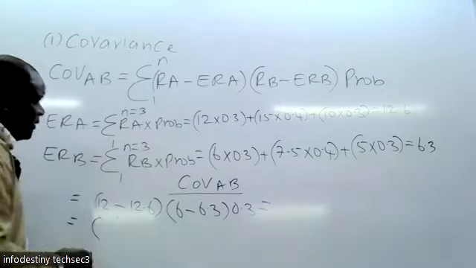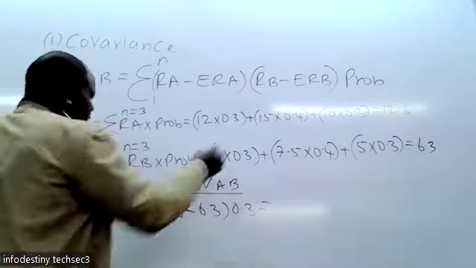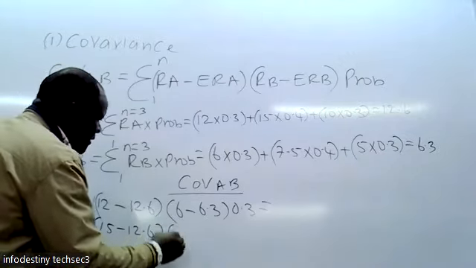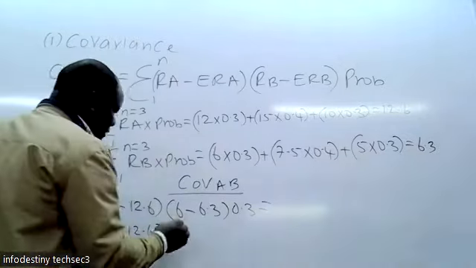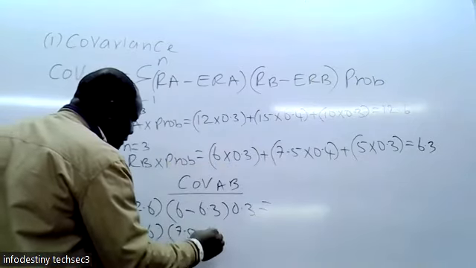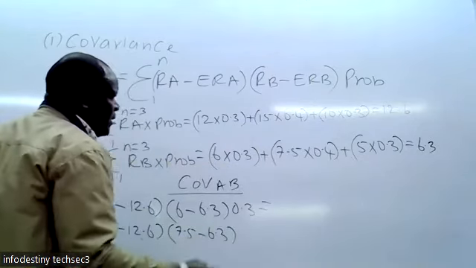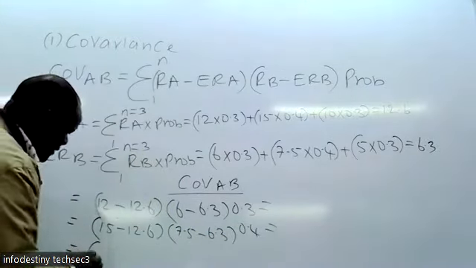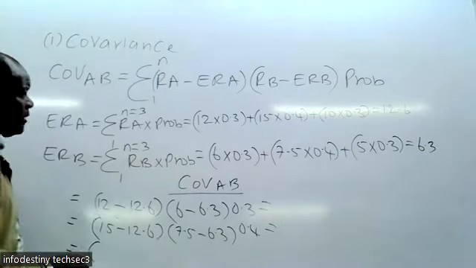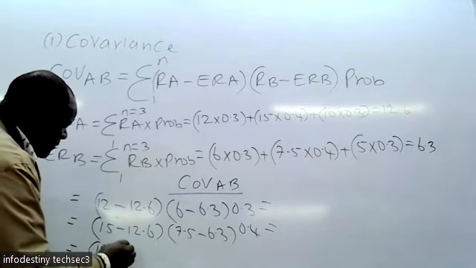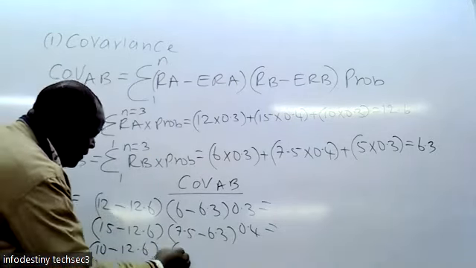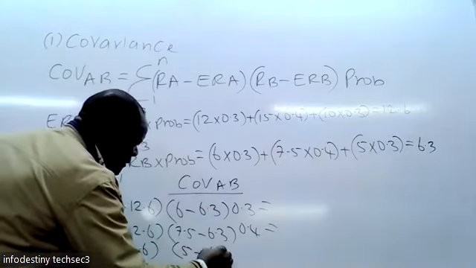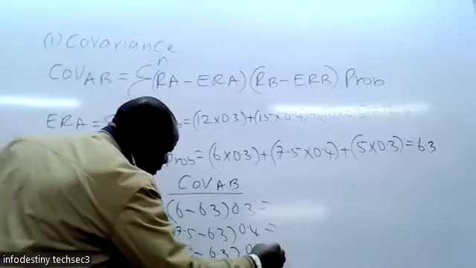You also go to the second one. This one is 15 minus 12.6, and 7.5 minus 6.3, then 0.4. The next one is 10 minus 12.6, and 5 minus 6.3, then 0.3.